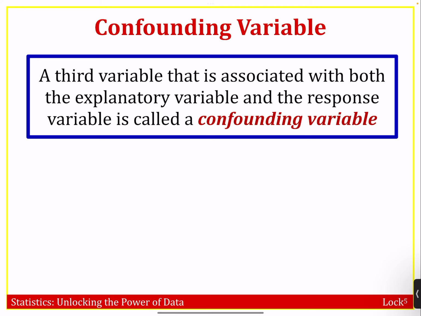Why? Well, because there's probably what's called a confounding variable. A confounding variable is a variable that is associated with both the explanatory variable and the response variable. And sometimes there's a confounding variable, sometimes it is just coincidence. So when we were looking at the visitors to SeaWorld, the confounding variable might be people's comfort level, right?